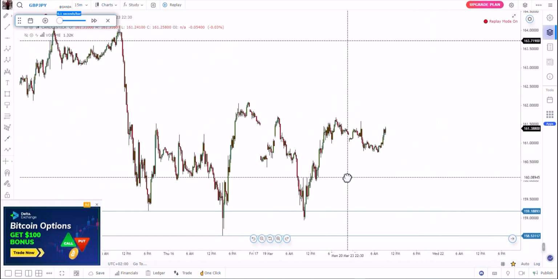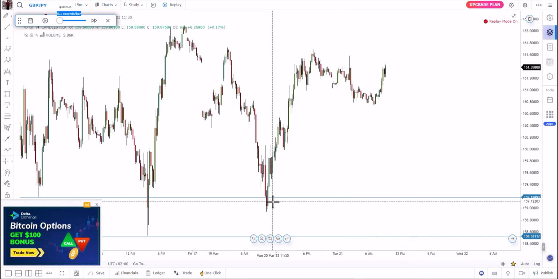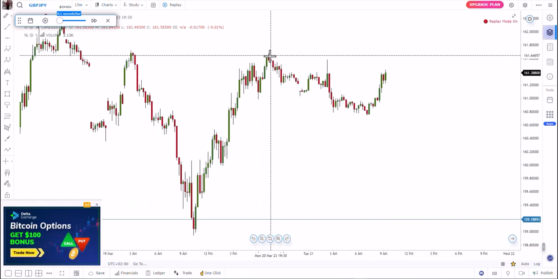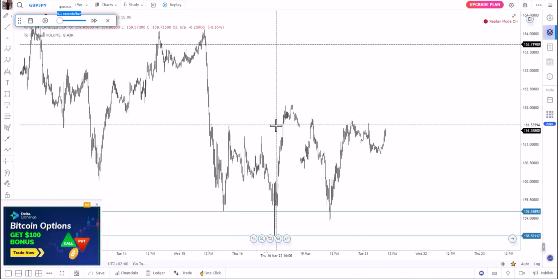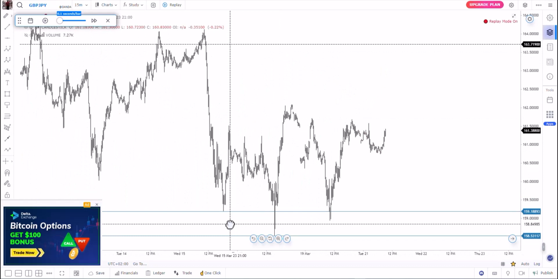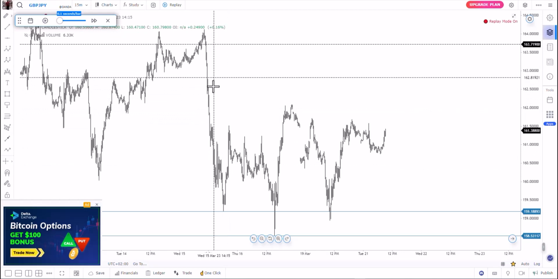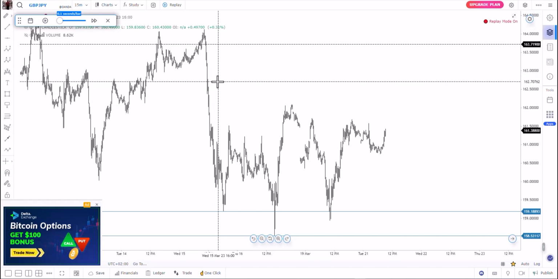At this juncture, we have to look for continuation patterns. As you can see here, we already have this high created and this swing created, so we have to wait for the market to break this high, because we already know that we are bullish because the QML has been mitigated, and also we have this inefficiency here that has to be filled, because remember, the market always fills up the inefficiencies left behind, which is actually balancing out.